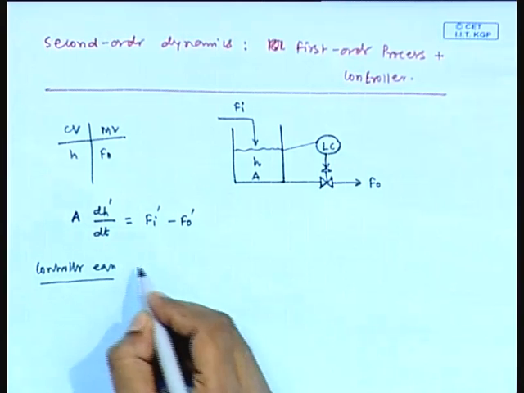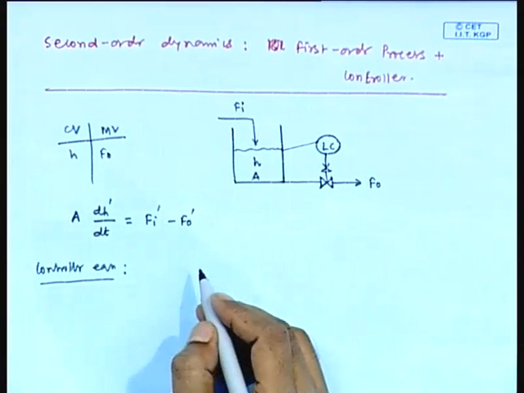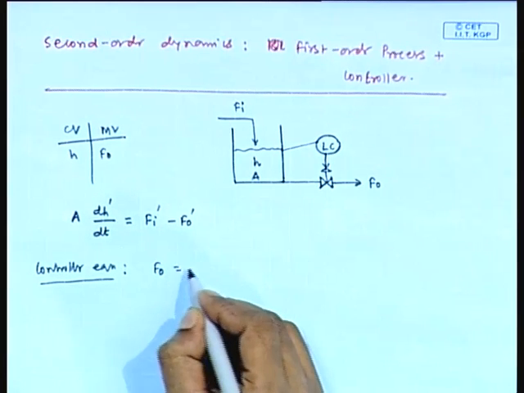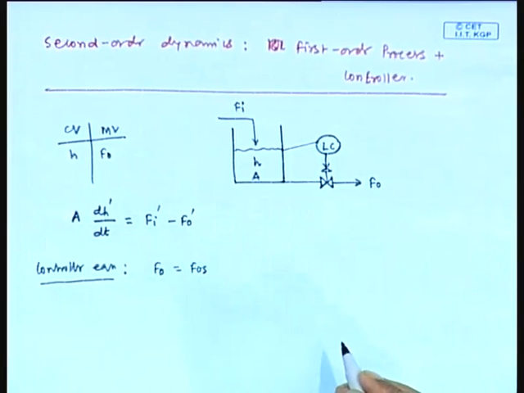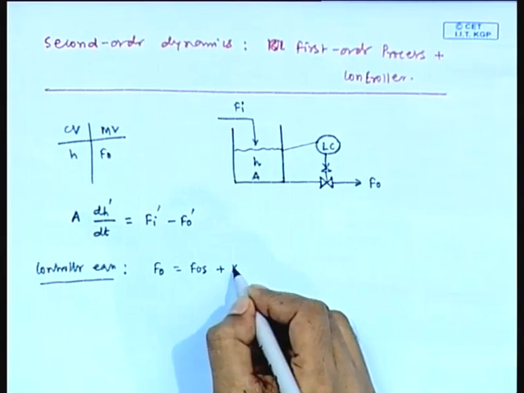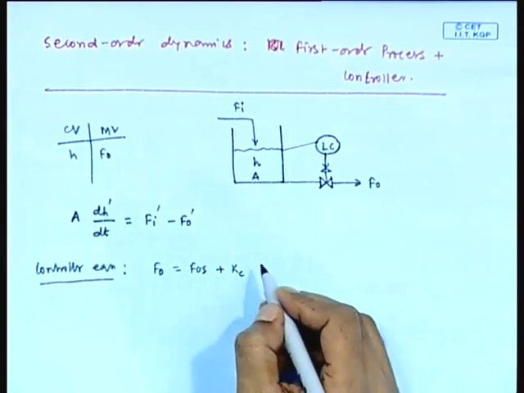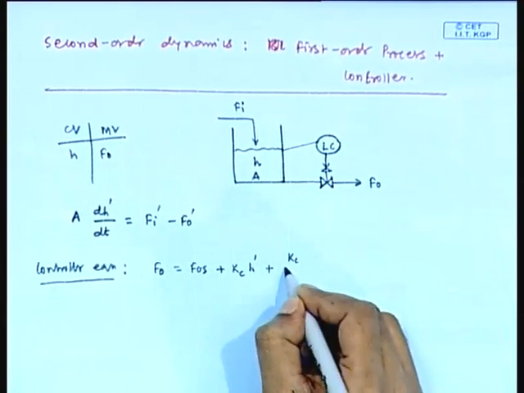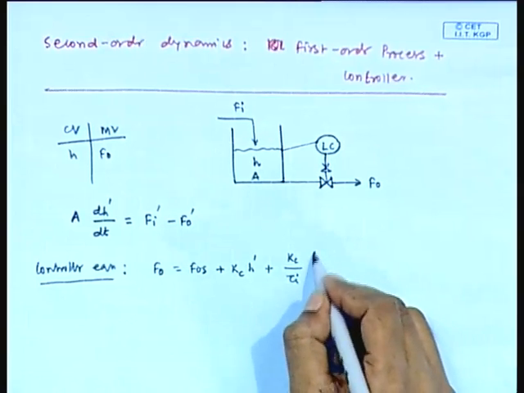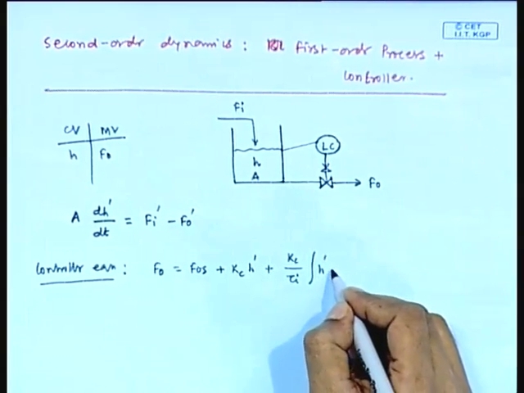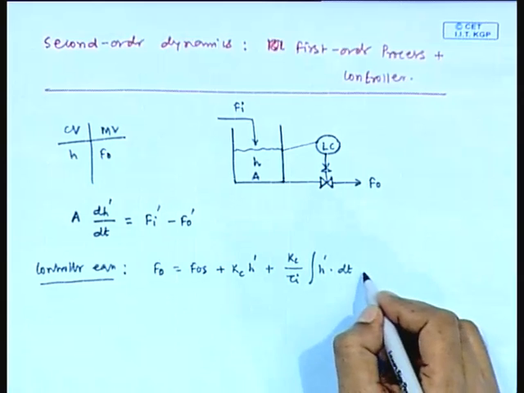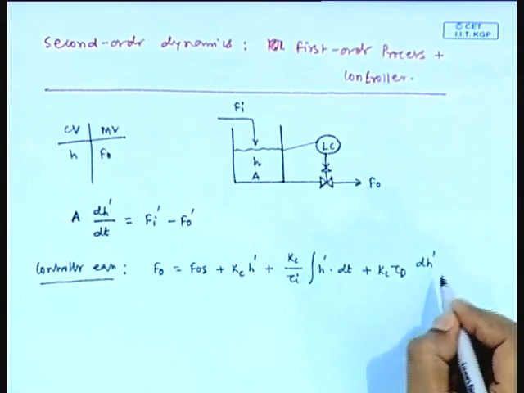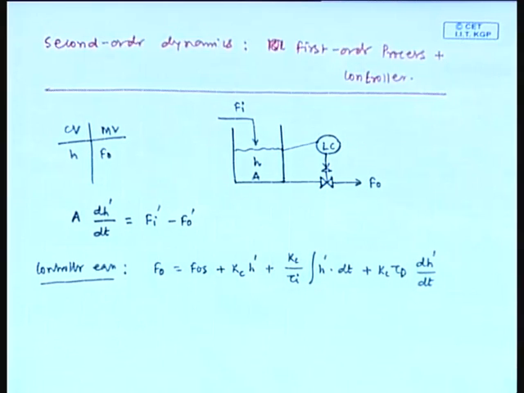Suppose the controller equation is given as f naught equals f naught s plus kc h prime plus kc divided by tau y integration of h prime dt plus kc tau d dh prime dt.